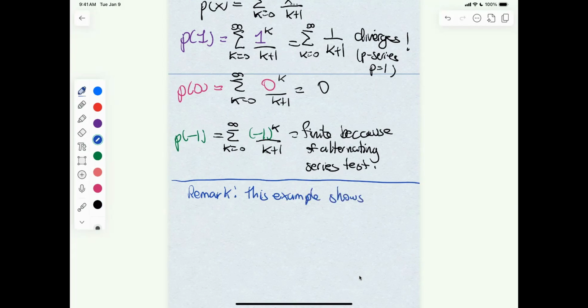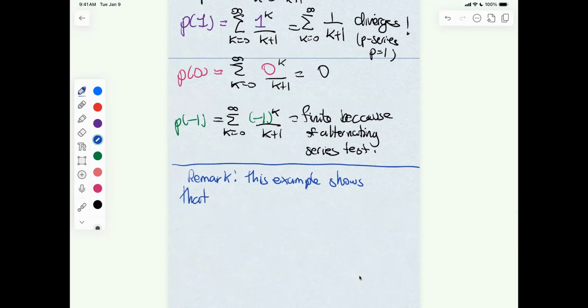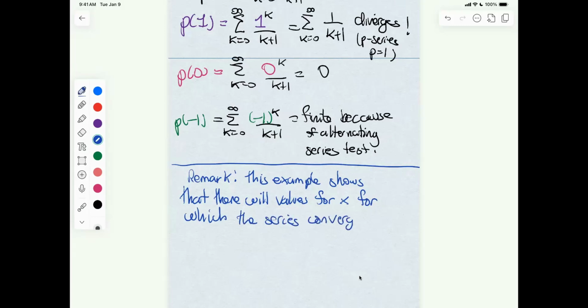that there will be values for x for which the series diverges, and there will be other values for x for which the series converges, right? And by converges, I mean that it's finite, and diverges means it's not finite.